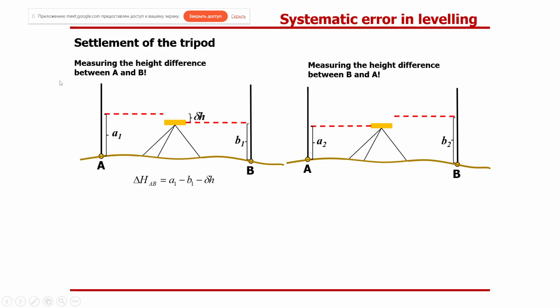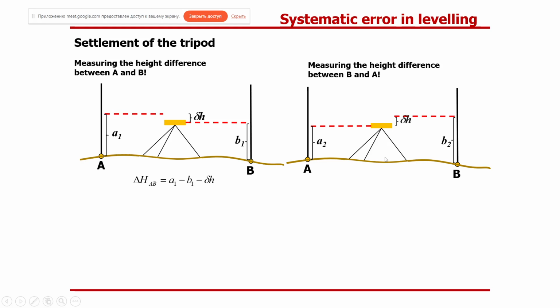Firstly, we measure the difference between A and B, make the readings A1 and B1, and then another part of the operation is measuring the difference between B and A. We write down readings B2 and A2.